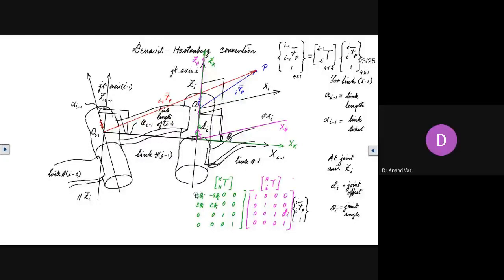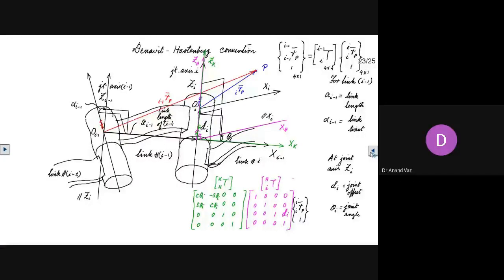So this is the homogeneous transform that will take us from the position of the same point P, as observed and expressed in the frame K. Okay, so let's now proceed further.